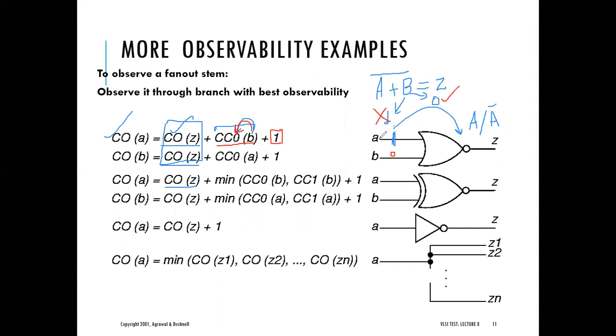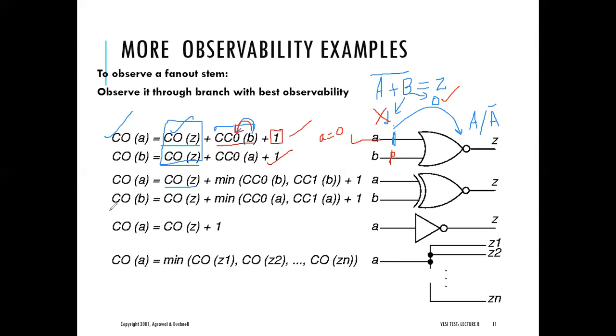You have to put a equal to 0 in order to propagate b to the output. This is the way you do it.